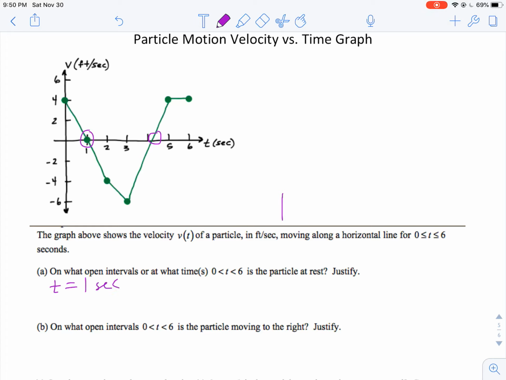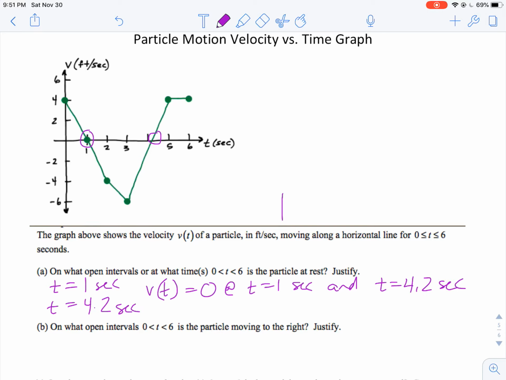So that's going to be at t equals 1 second and at t equals 4.2 seconds. Justify: v of t equals 0 at t equals 1 second and t equals 4.2 seconds. I just kind of estimated there.